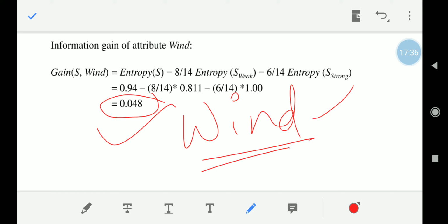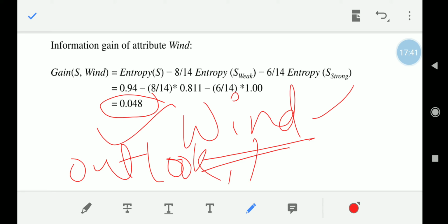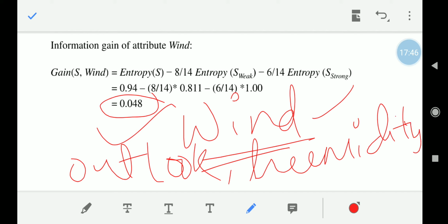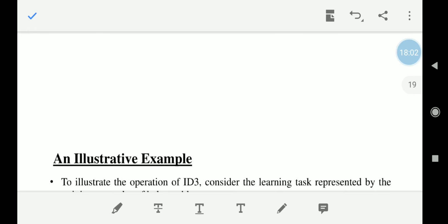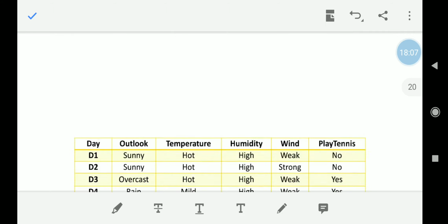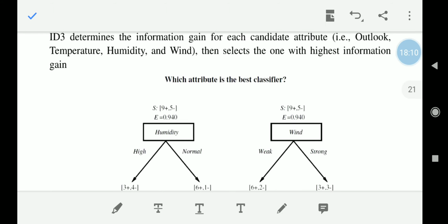Same thing we have to do for other attributes also, outlook, then humidity. Once we calculate the gain for all the attributes, what we do is we compare the values.